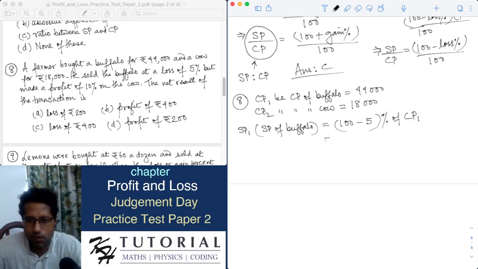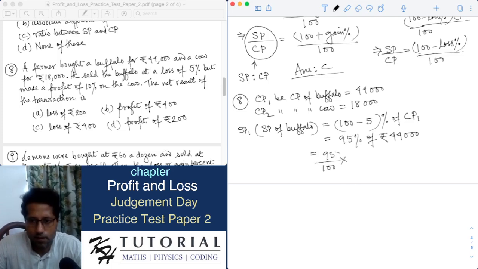So this is equal to 95% of CP1, which is 44,000. This is 95 divided by 100 multiplied by 44,000, ignoring the rupee symbol, it is understood.